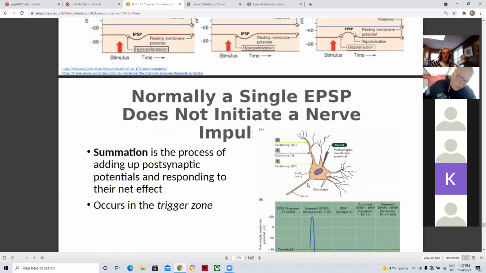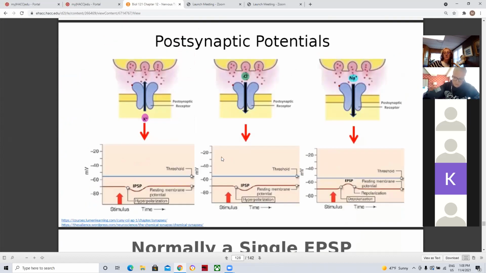Normally, a single excitatory postsynaptic potential cannot initiate a nerve impulse. Remember, these are decremental, meaning they are reversible and they decrease the further away from the origin.